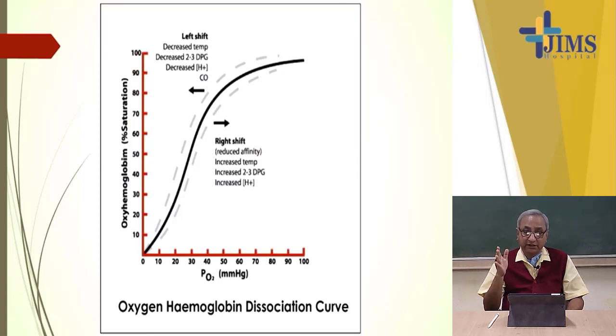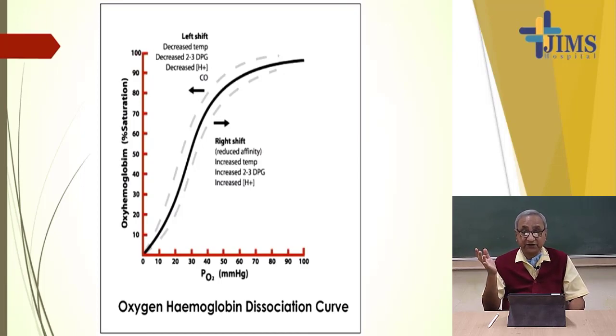So, a left shift is due to hypothermia, decrease in 2,3-DPG, acidosis, decreased hydrogen, or carbon monoxide poisoning. So, what happens in the left shift? The oxygen carrying capacity is not compromised. It is the oxygen delivery which becomes less.